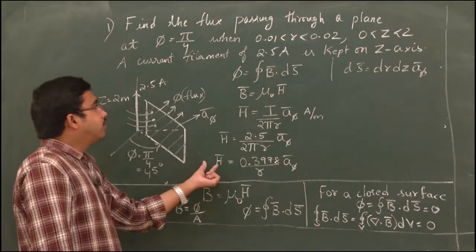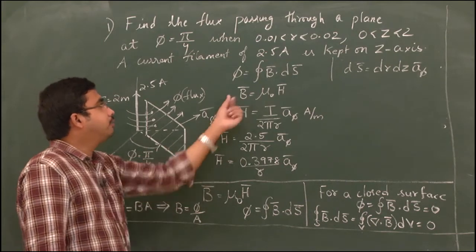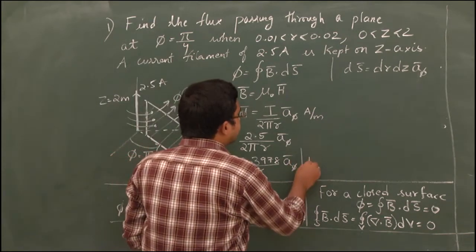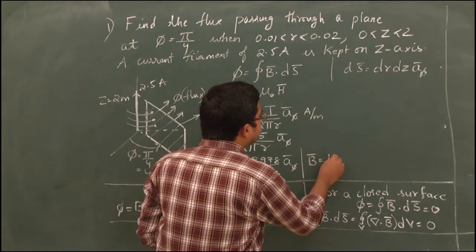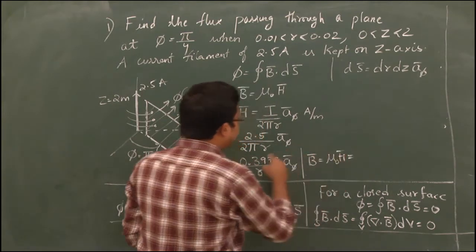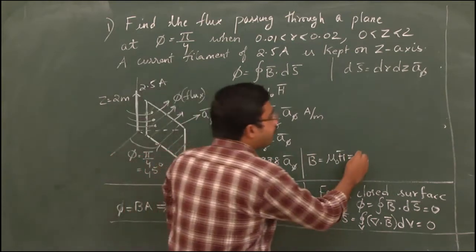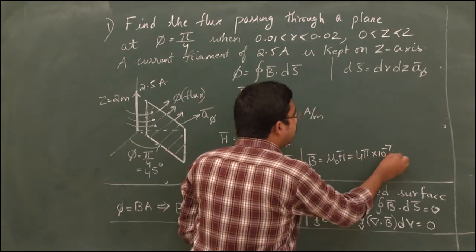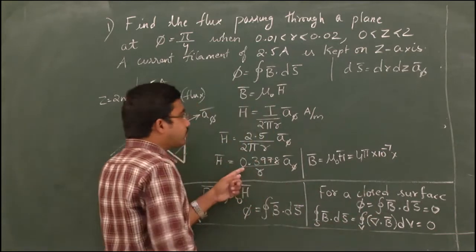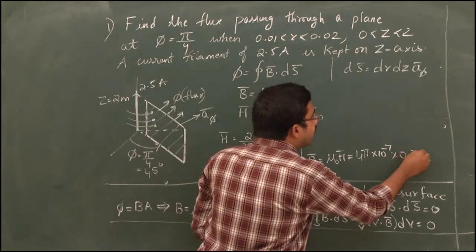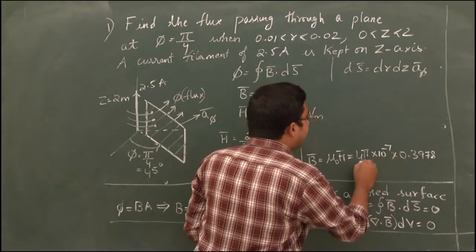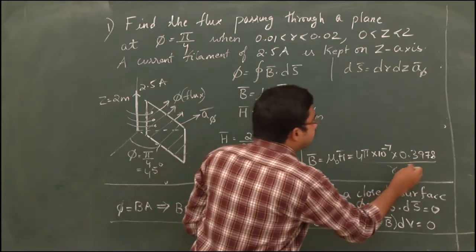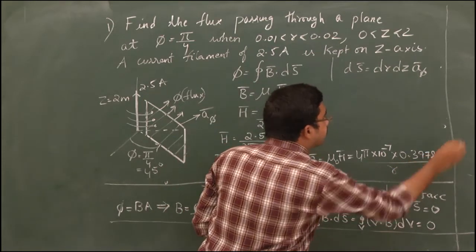Now we can substitute that H bar here. B bar equals mu naught into H bar. Mu naught is 4 pi into 10 power minus 7, into H bar, which is 0.3978 by r into a phi.